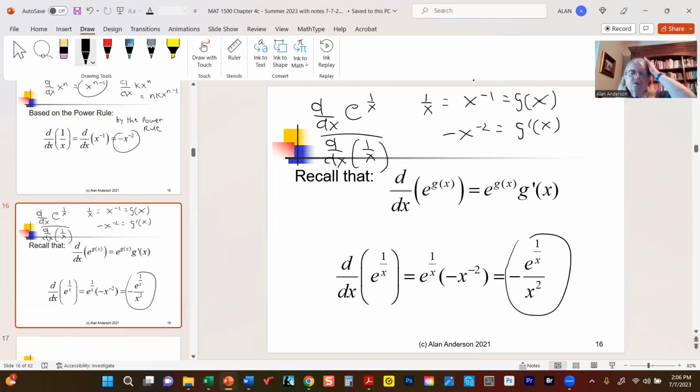So based on the chain rule, we have the original e to the g of x, e to the 1 over x, and that's what we have here. And then you can rewrite this in a couple of different ways. You can move the negative out front, and then of course, x to the -2 power, as you recall, is simply 1 over x squared. I don't know if this is necessarily any more convenient than this, but that's what we have here.